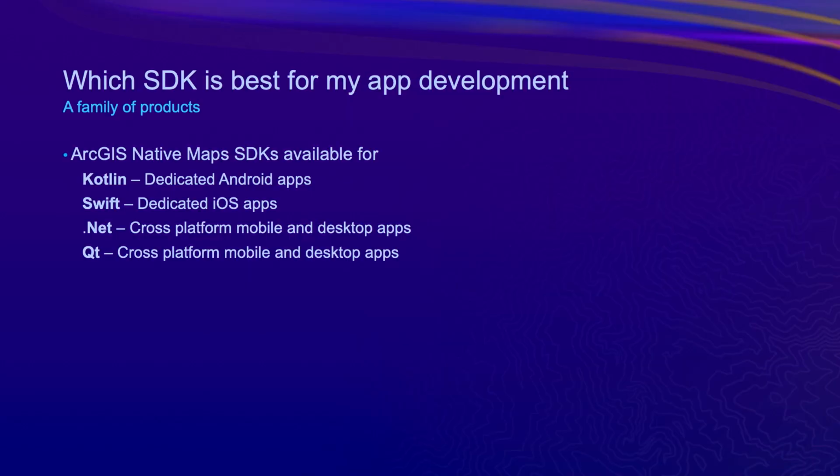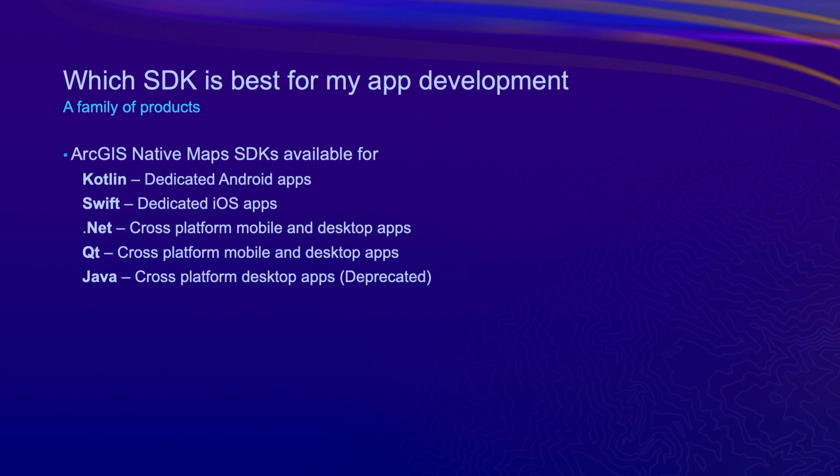So we've got 2. We've got .NET, which will allow you, as a C# developer, to write a .NET MAUI application that you could deploy to Windows or desktop platforms. But we've also got a Qt API, which using C++ and Qt Creator, you'd be able to create applications that you can deploy to mobile or desktop.